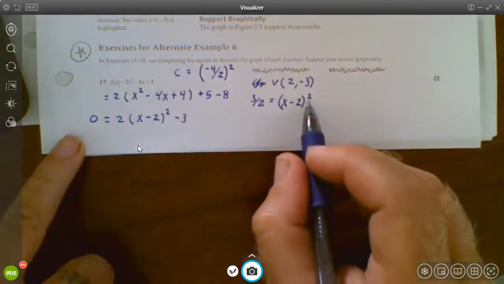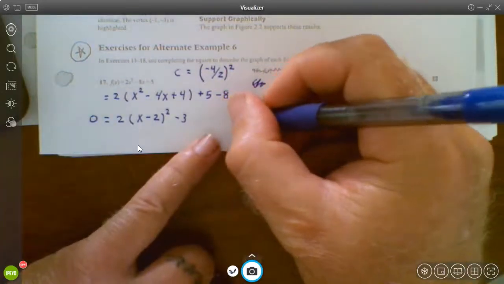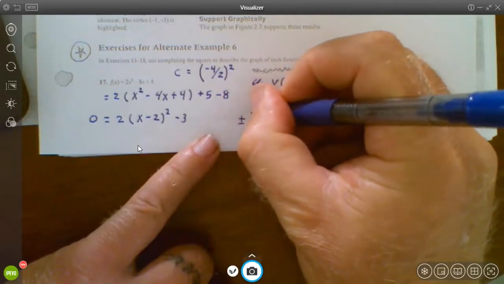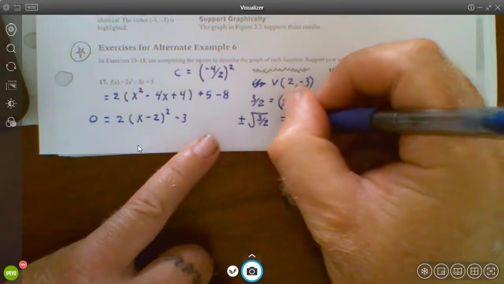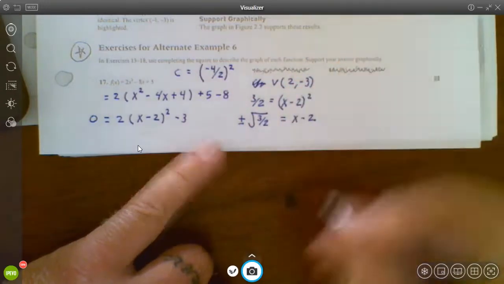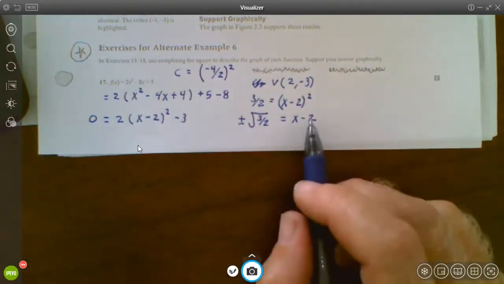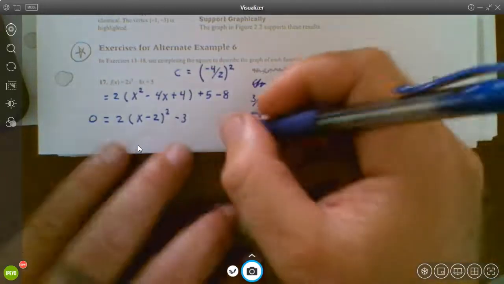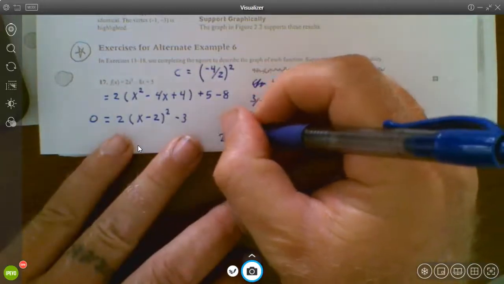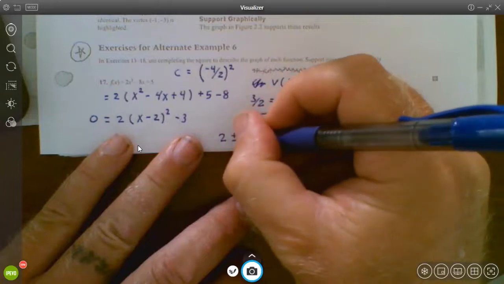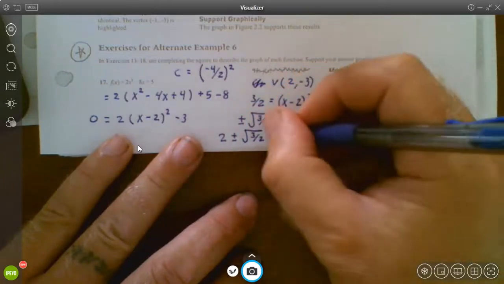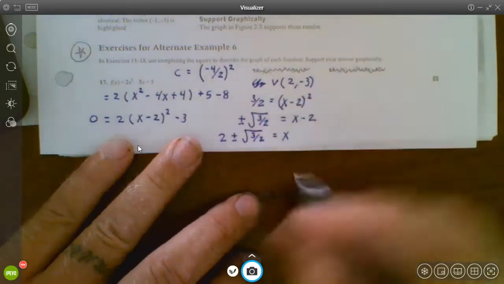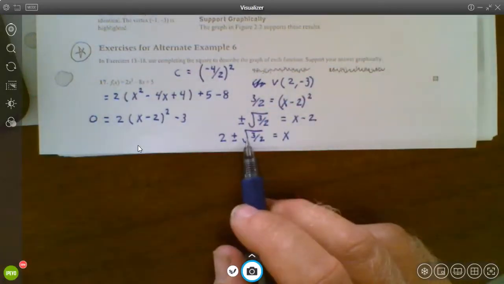I could then take the square root of both sides, which would look like this. And then I could add this 2 over to the other side and get this. And so those would be our x-intercepts.